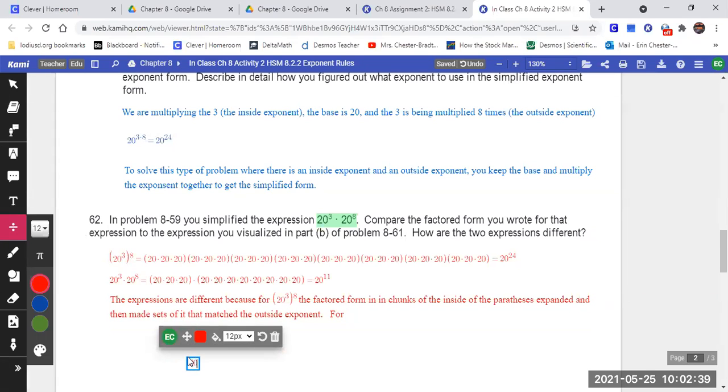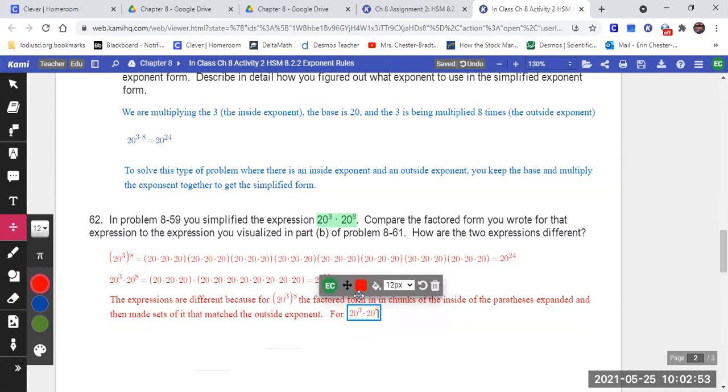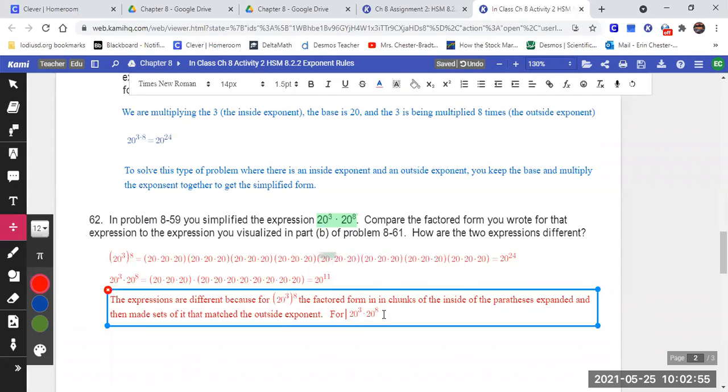Wait a minute, I'm writing it. Okay. There was no outside exponent. That's right. There's no outside exponent. So what did we do for this one? For 20 to the third, 20 to the eighth, there is no outside exponent.